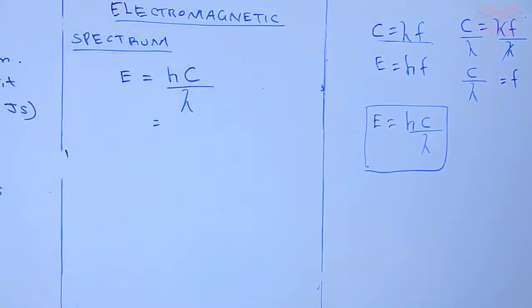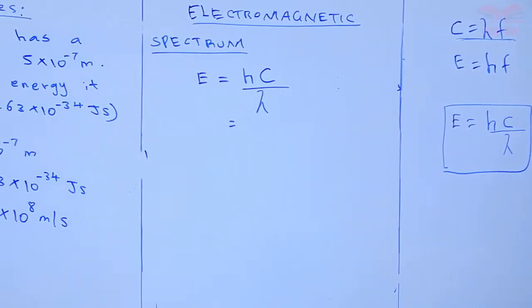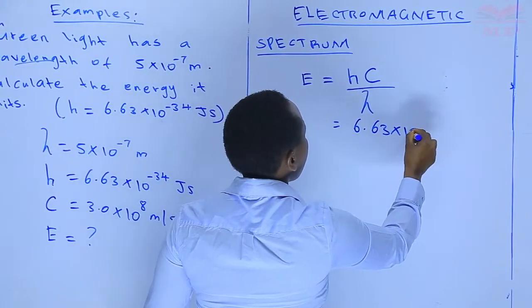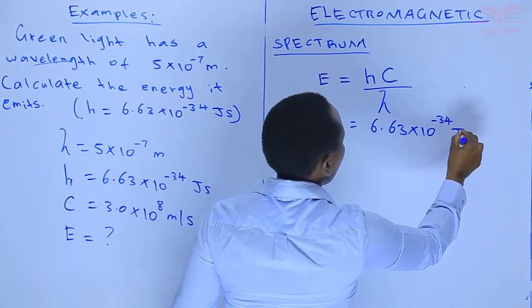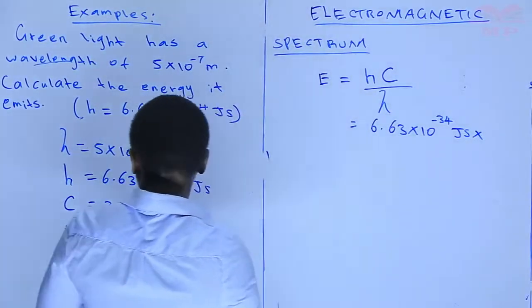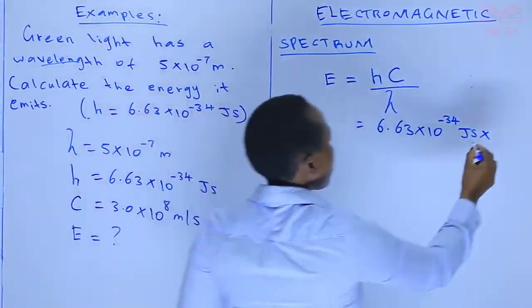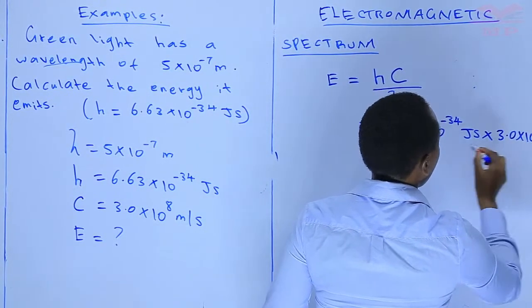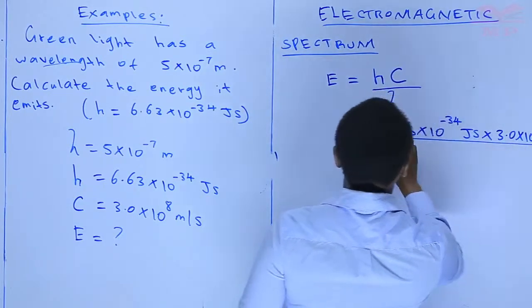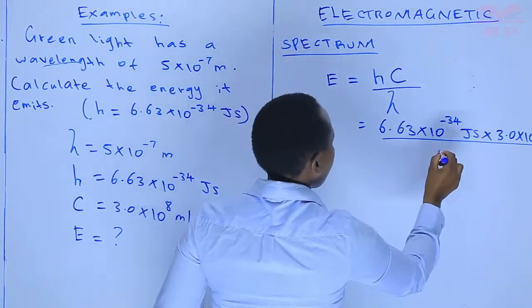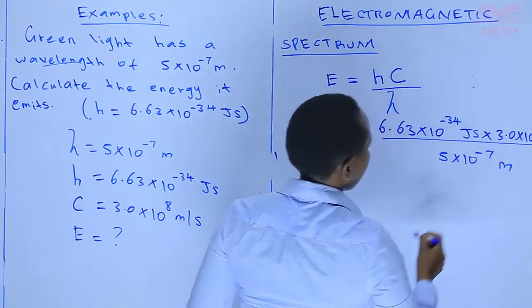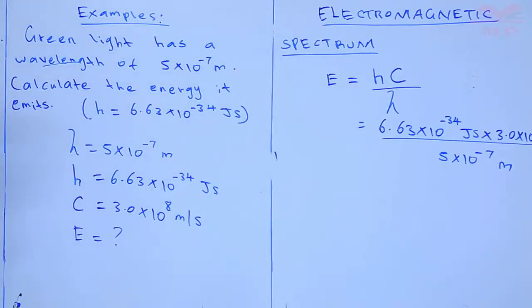That formula has all the quantities that we have here. So our energy will therefore be Planck's constant, which is 6.63 times 10 power negative 34 joules second, multiplied by the speed of light, which is 3.0 times 10 power 8 meters per second, divided by our wavelength, which is 5 times 10 power negative 7 meters. So that is what we have in the question.